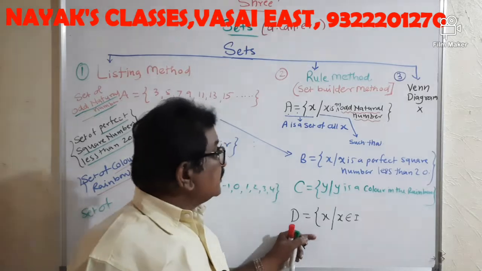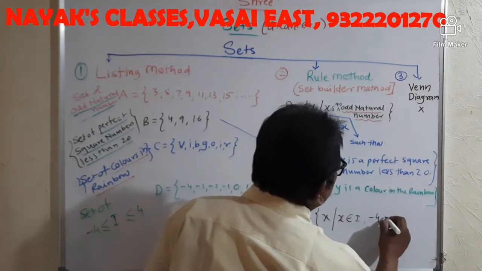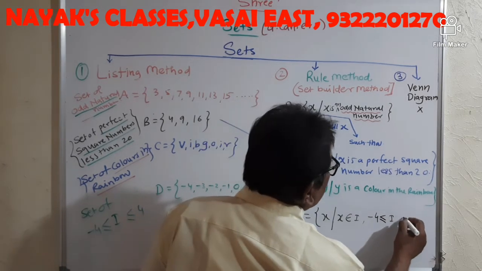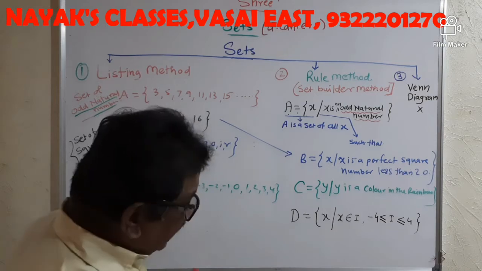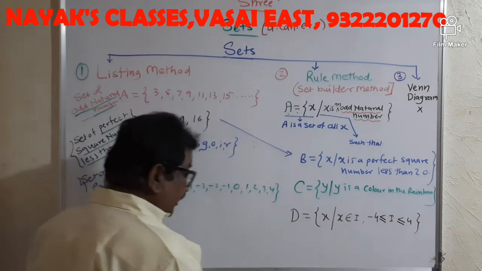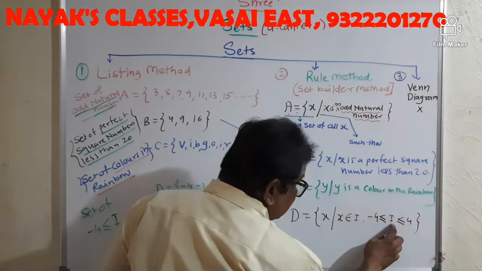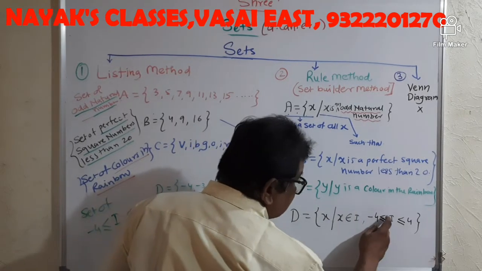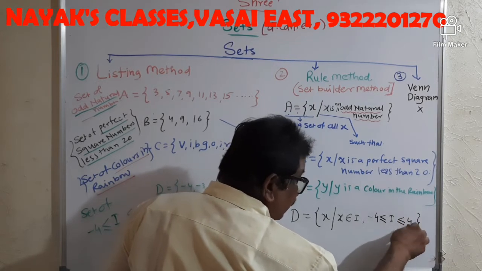D is a set of all x such that x belongs to integer and, sorry, our integer is greater than or equal to minus 4 and our integer is less than or equal to 4. Once again I am repeating. Our integer is greater than or equal to minus 4 and our integer is less than or equal to 4.